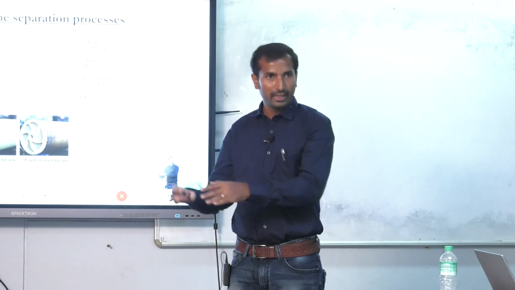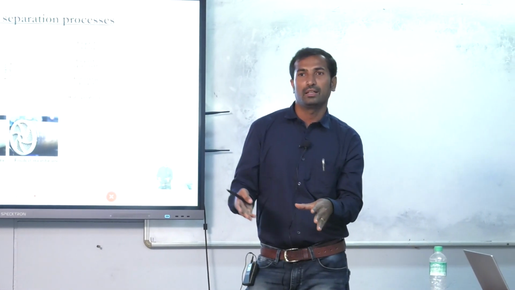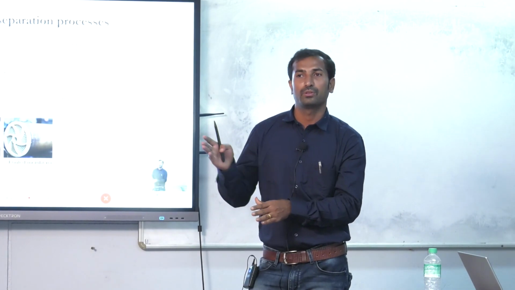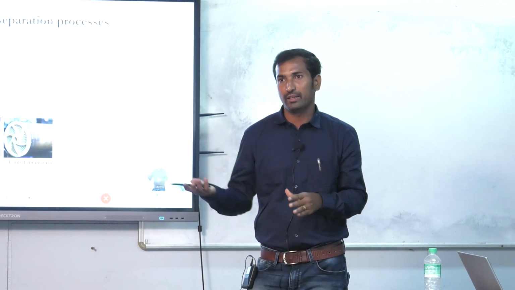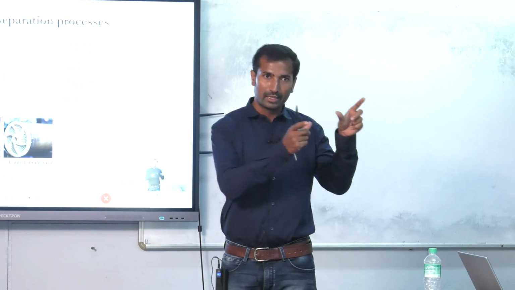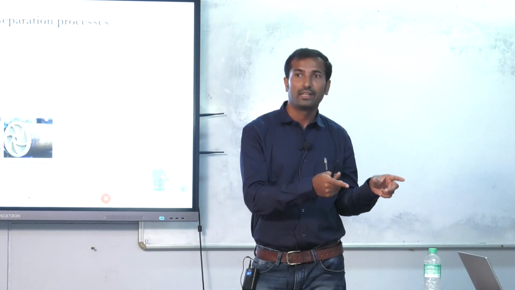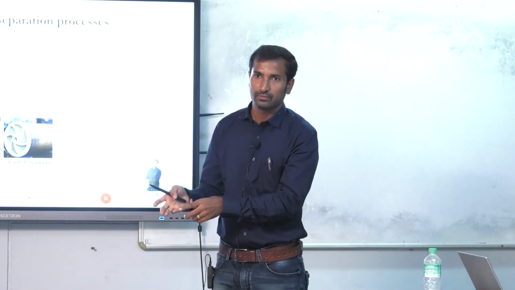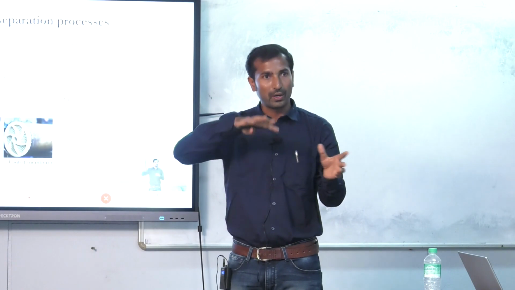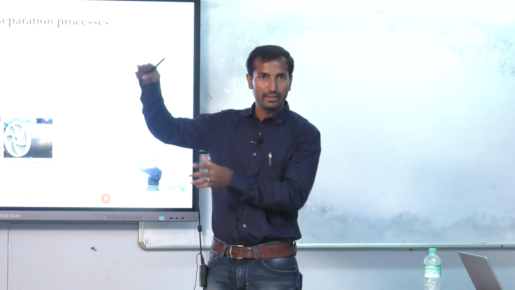The next day, if it drops another 50 percent, then you will get only 2.5 liters per hour. So then what do you need? You need to apply higher pressure. If you are applying 10 bar, then it needs 20 bar. Then it costs double. So overall your process cost keeps on increasing.